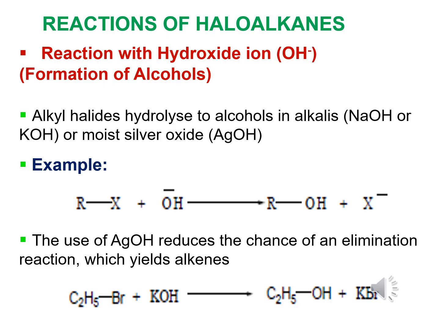In this case, we are going to use alkali, which can be sodium hydroxide or potassium hydroxide. Moist silver oxide can also be used. Our interest is not in the metal but in the hydroxy group to exchange it with our halide. So we're going to form alcohol. When elimination reaction is to be limited, we use moist silver oxide.